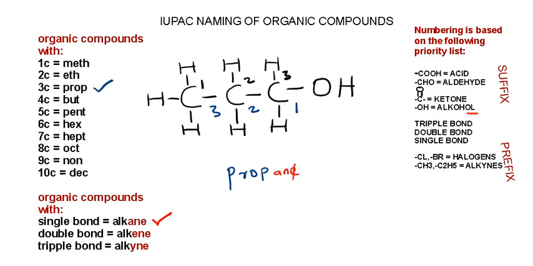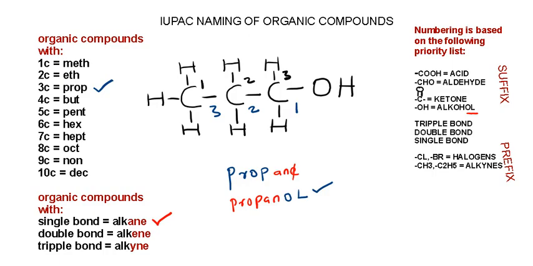So we now have propanol. So simply removing E and adding OL gives you propanol. Propanol is the correct name for this organic compound.